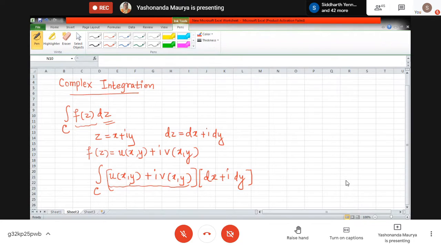Now see, x and y, these two variables are appearing everywhere, and it's a single integral. It will be difficult for us to handle this. So what is being done is that we will replace either y in terms of x, or x in terms of y, or x and y both in terms of another variable, say t, so that the entire expression can be converted in terms of a single variable.